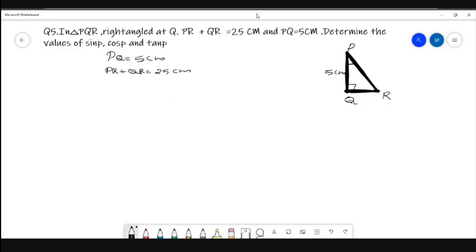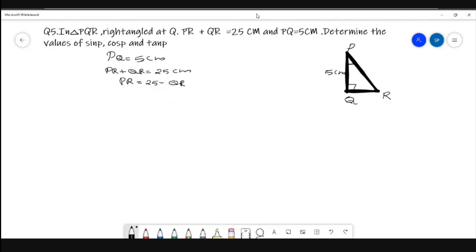So from this you can take for any of these PR or QR in terms of the other, that is, PR can be written as 25 minus QR, or QR can be written as 25 minus PR. So let me write PR equal to 25 minus QR. So that we have to arrange to get only one unknown.